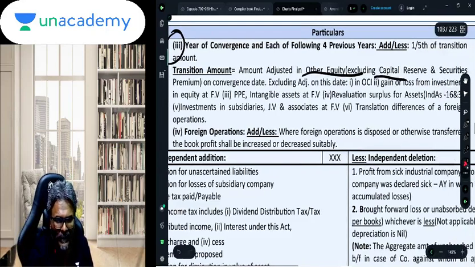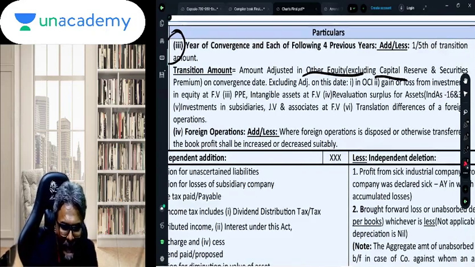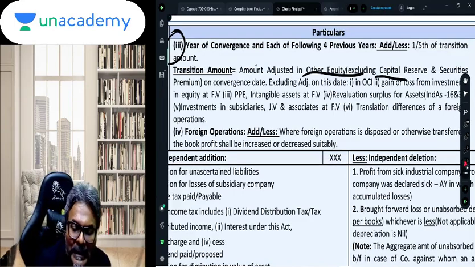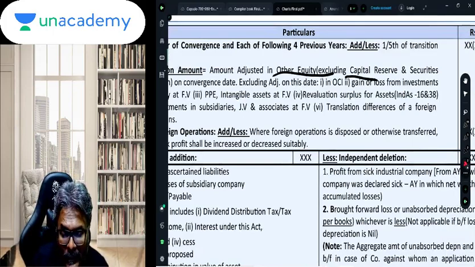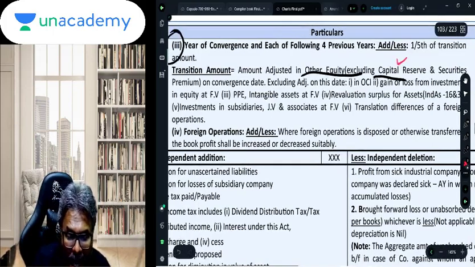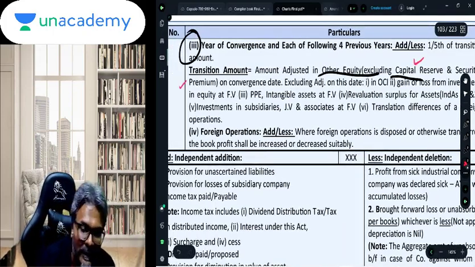The transition amount means the amount which is adjusted in other equity, excluding, and this is important, students, excluding capital reserve and securities premium amount.